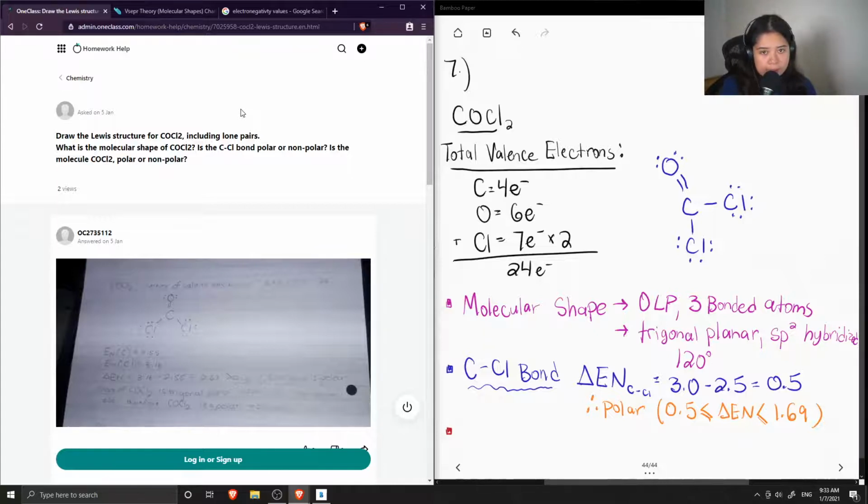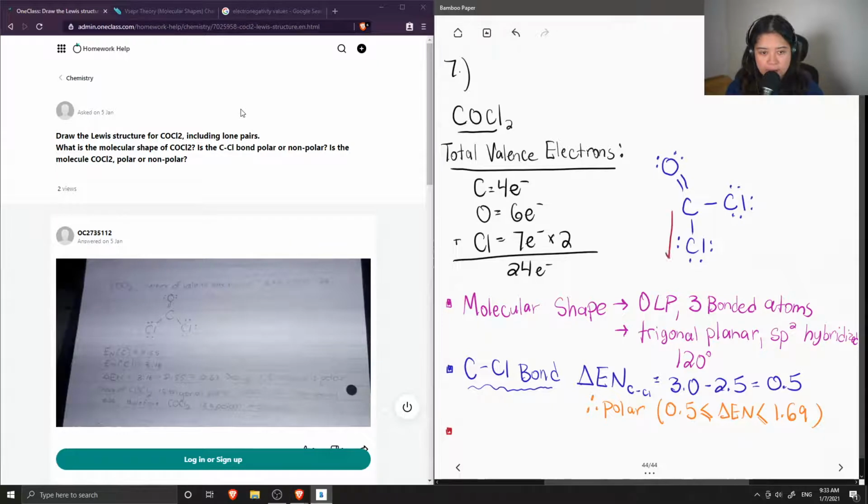So if we were to draw out all of the dipole moments that are formed because of these more electronegative atoms, you'd get this, the chlorine pulling in its direction because chlorine is much more electronegative than carbon.